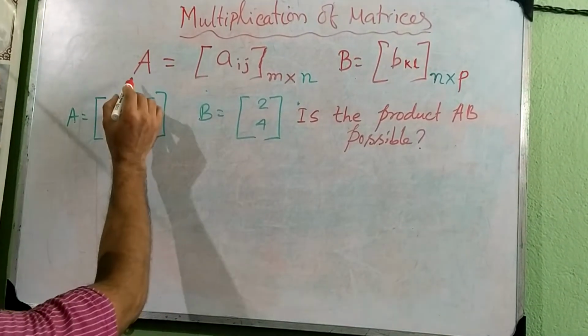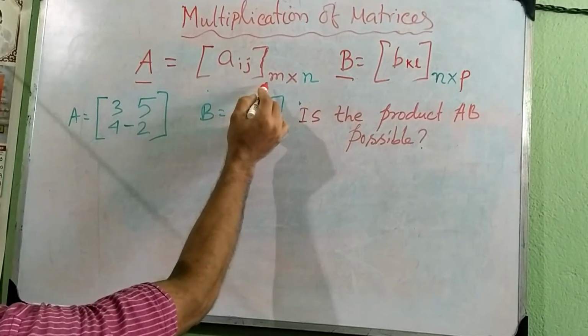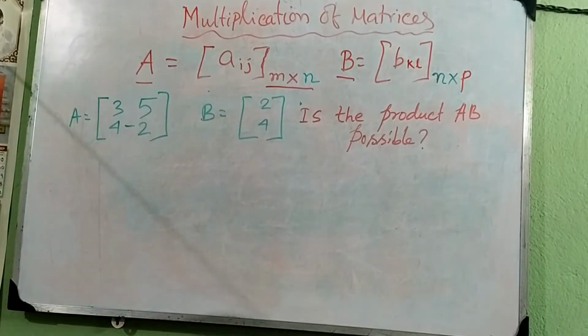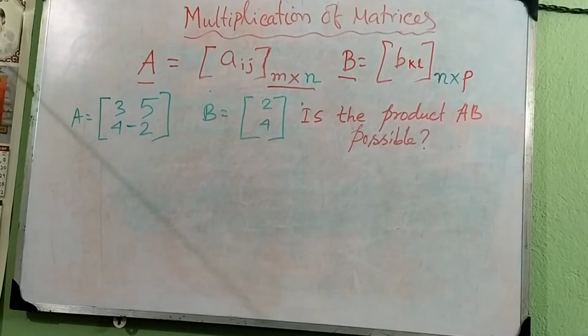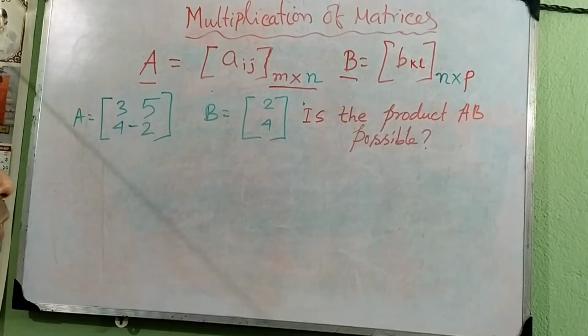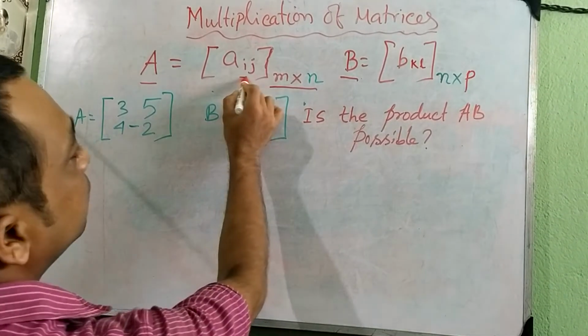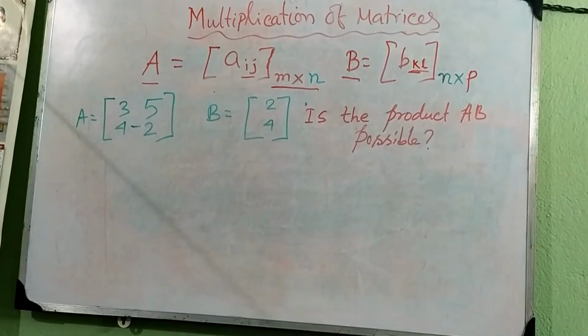You can see I considered two matrices, one is A, another is B, where A is Aij, and the order of the matrix A is m by n, and the order of the matrix B is n by p. Intentionally I just changed the prefix of these two.